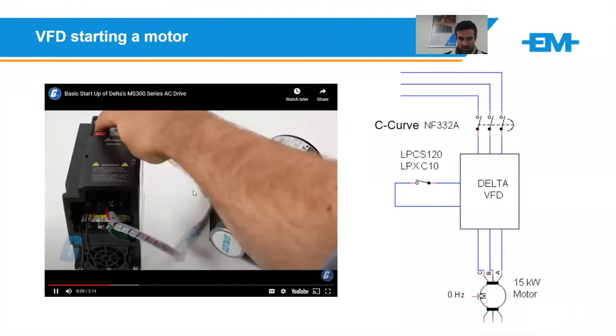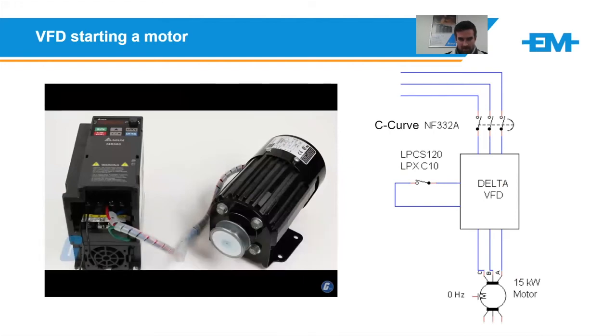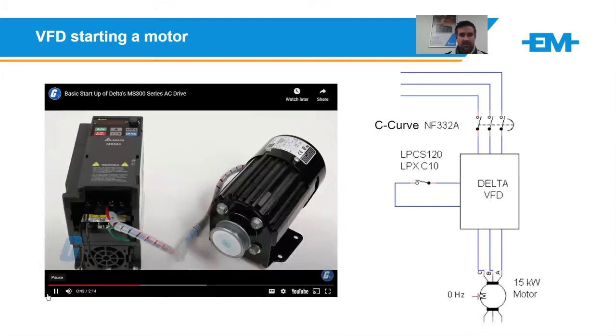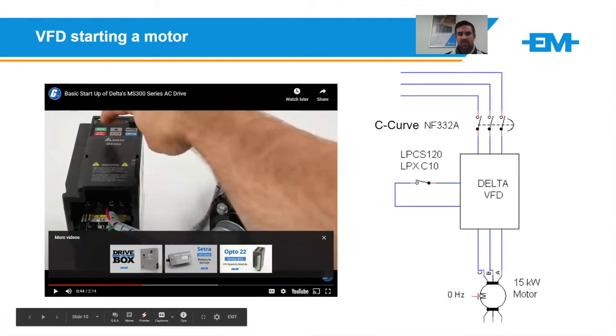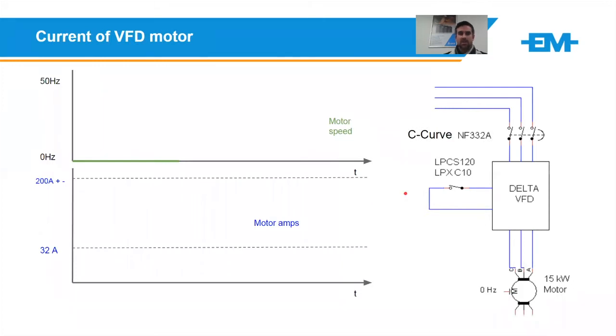The default speed reference is 60 hertz. You can see from startup to stop, very smooth transition, no jerk in the motor. This is because the drive can control the hertz from 0 to 50 hertz.